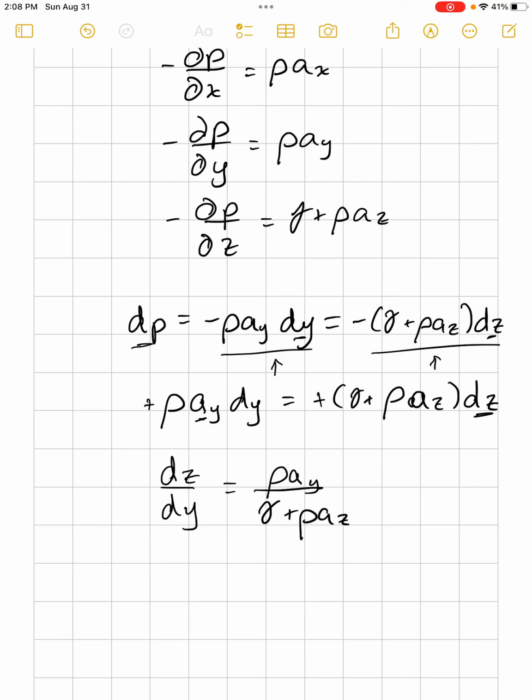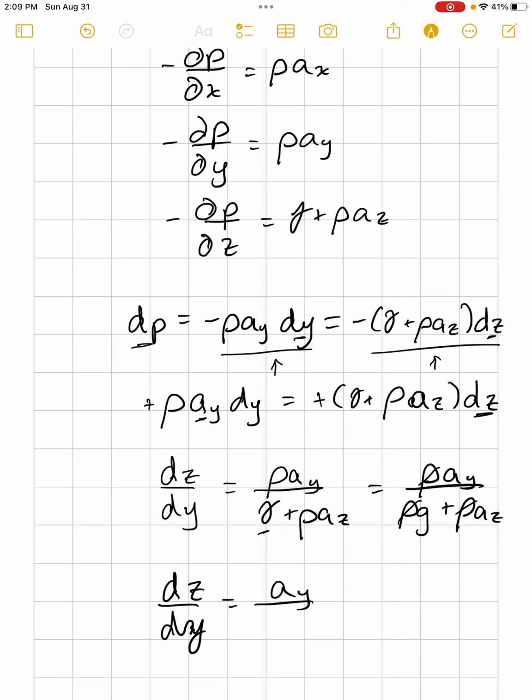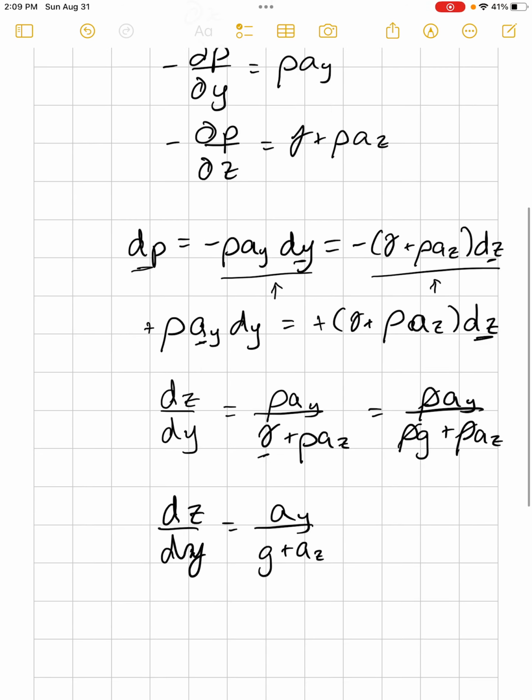Okay. Well, remember that gamma is equal to the density times gravitational acceleration. So if I write that out like this, we're going to have a density in every term, which isn't terribly helpful, so we're going to get rid of it. So y is equal to the acceleration over gravitational acceleration plus the vertical acceleration.